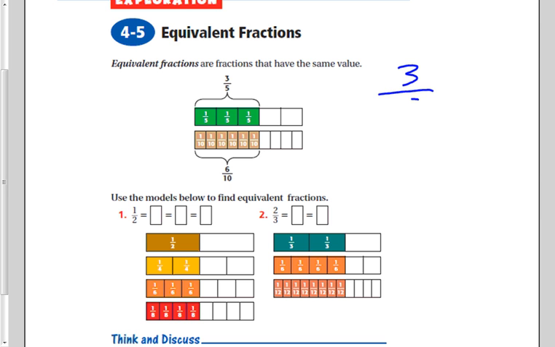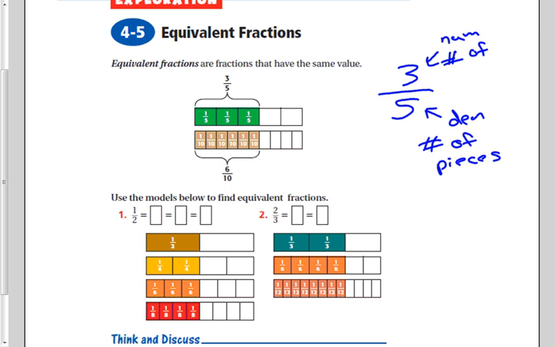So in the fraction 3/5, this is the numerator. This is the denominator. The denominator tells me the number of pieces that the whole is cut into, and the numerator is the number of pieces I have, if I'm saying that I have 3/5.